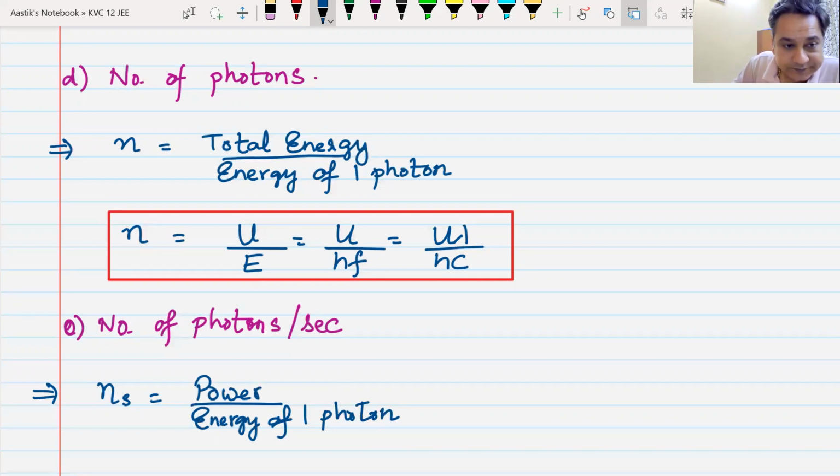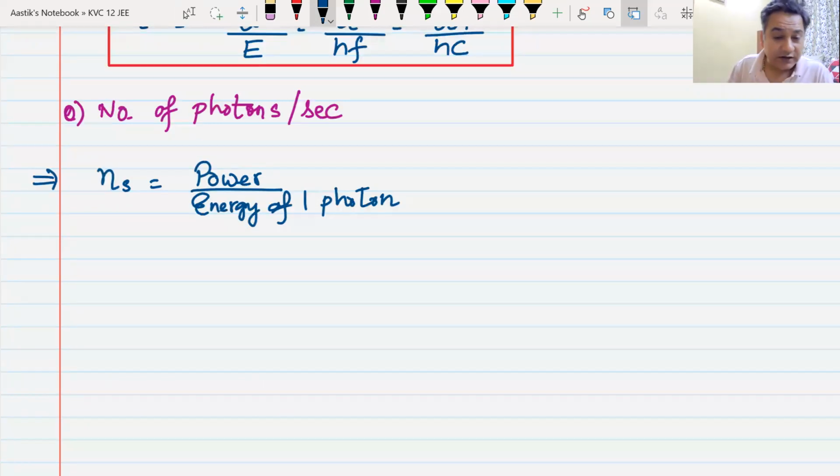What is the power? Power of the source, or power of something which is receiving the photons. So now I can make the formula for this also.